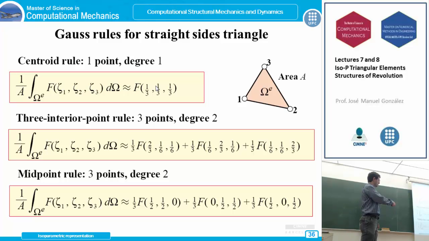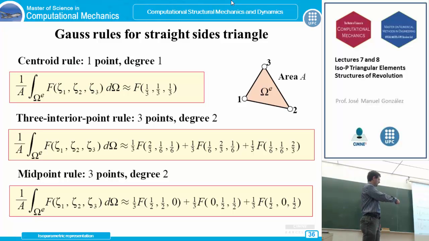But we have many more alternatives for this numerical integration, like the 3-point integration. And in the case of this 3-point integration, which assures us a 2-degree polynomial integration, we can find two different Gauss quadratures depending on the location of the points.